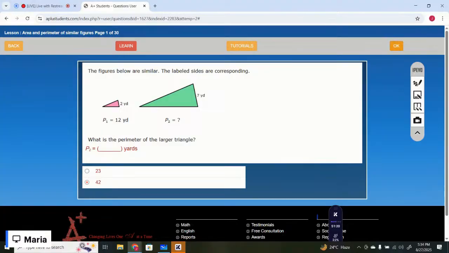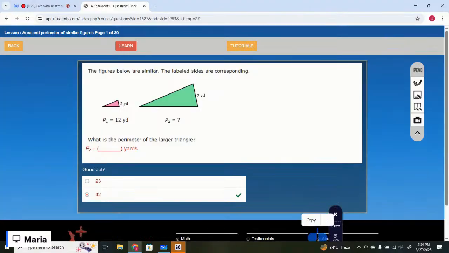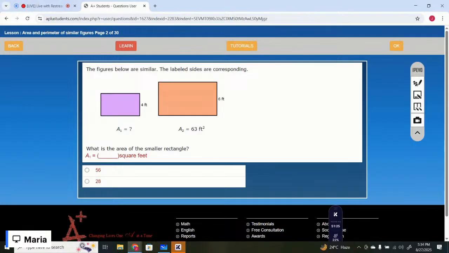Option number 2 is the correct option, 42. The figures below are similar.